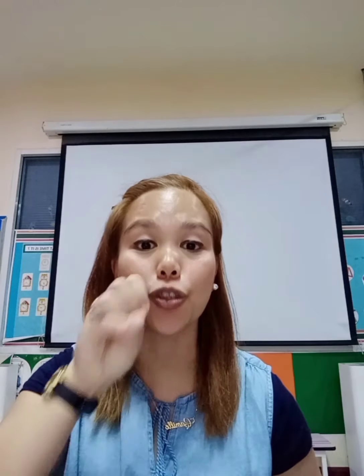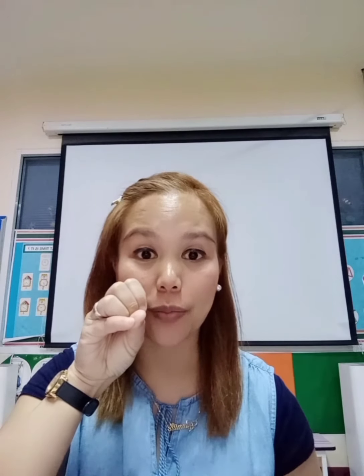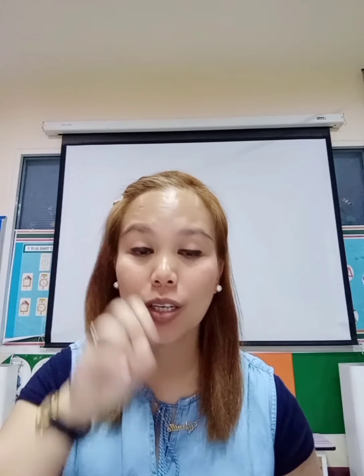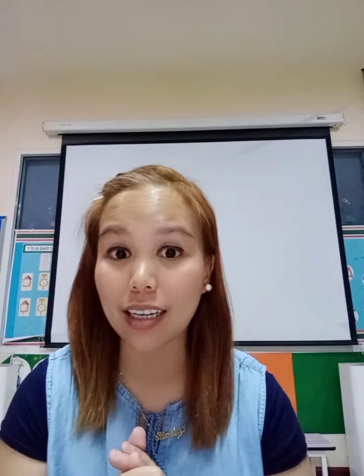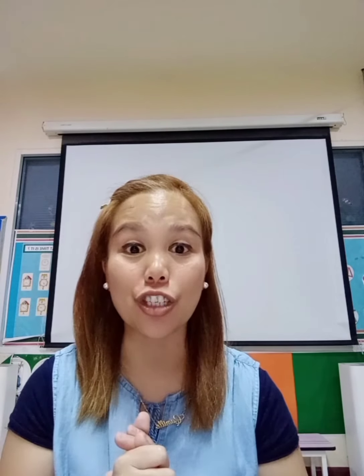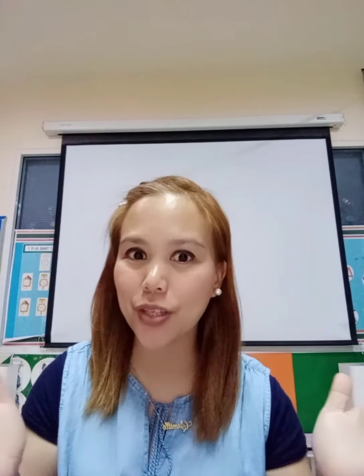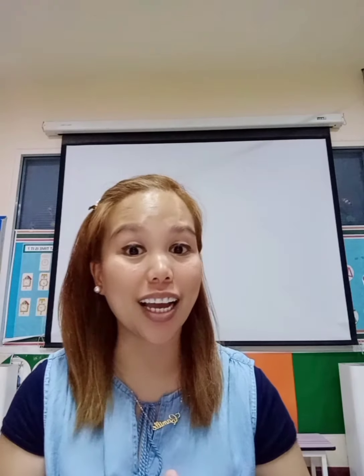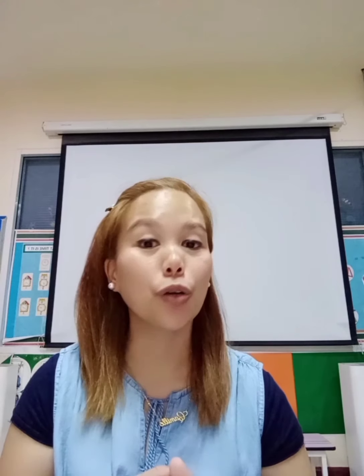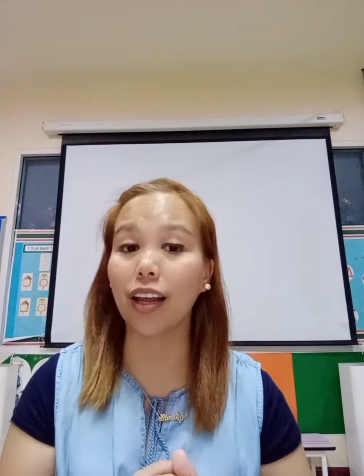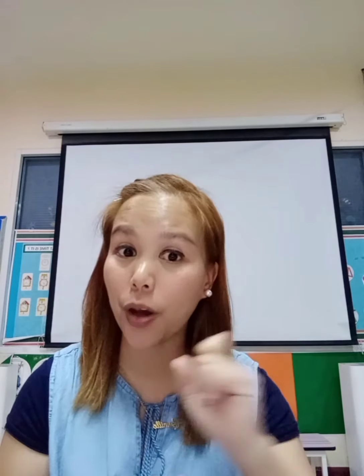It becomes aren't, where you cannot see the letter O anymore. The letter O was changed into an apostrophe, just like what we did in our Zoom class. We removed the letter O, the letter I, or letter A, and replaced it with an apostrophe.